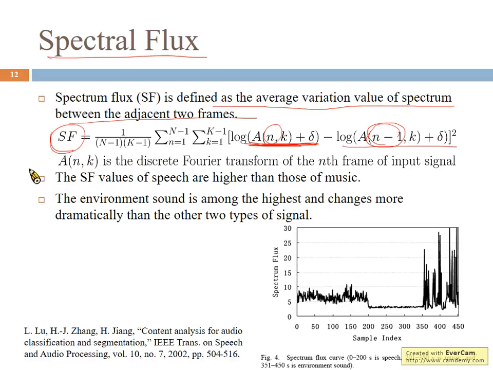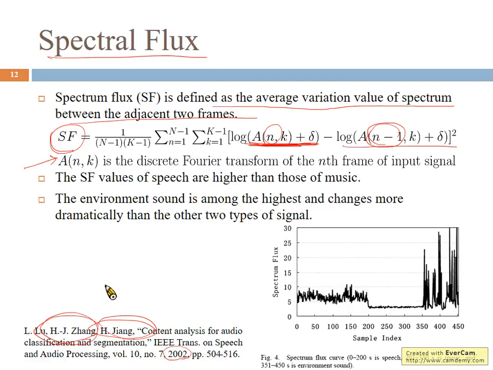We have a different notation here: A and K is the discrete Fourier transform for the nth frame of the input signal. This feature was proposed in a paper published in IEEE Transactions on Speech and Audio Processing, year 2002. Also, this is a very famous author, Hongjiang Zhang.